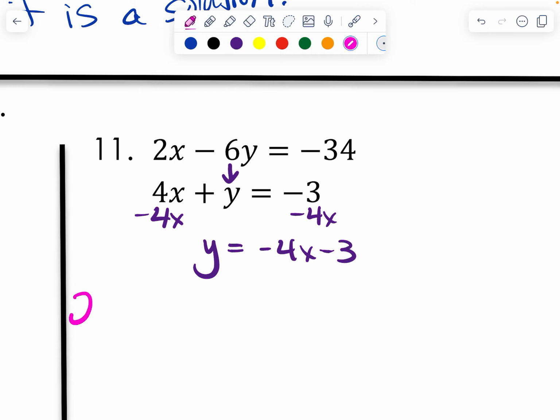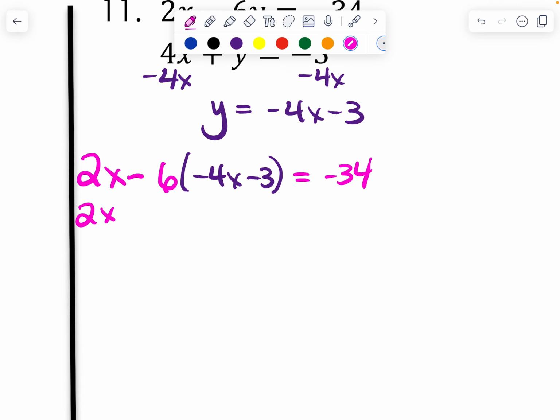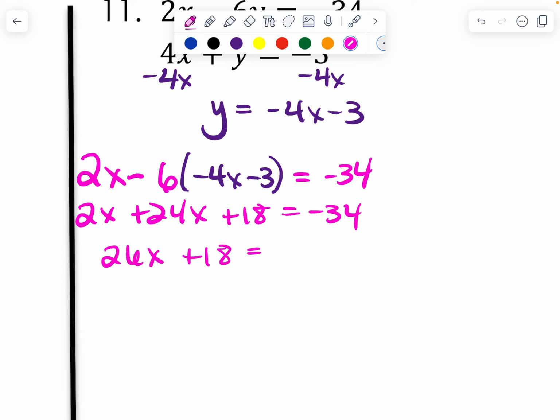I'm going to plug it into my first equation, replacing the y with negative 4x minus 3 equals negative 34. So 2x plus 24x plus 18 equals negative 34. So 26x plus 18 equals negative 34.